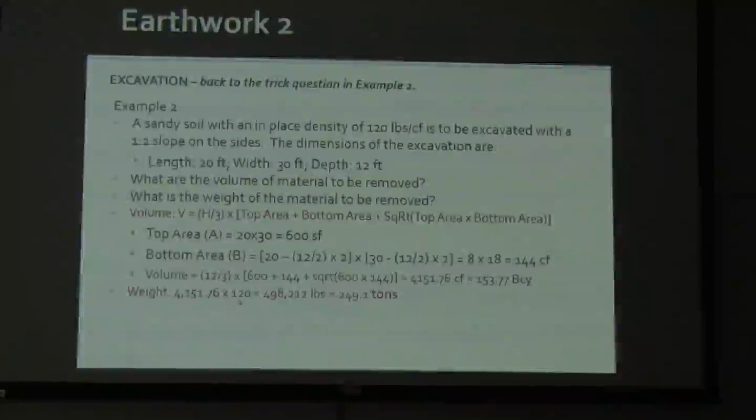Let's back this up again: 4,151.76 cubic feet times 120 pounds per cubic foot is going to give us 498,212 pounds, or 249.1 tons.